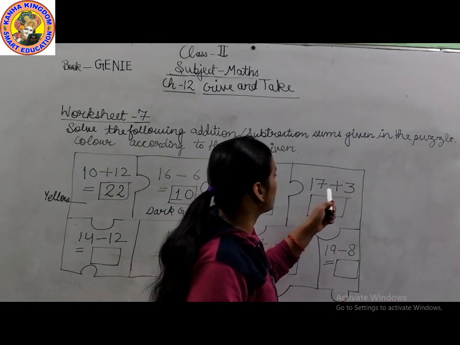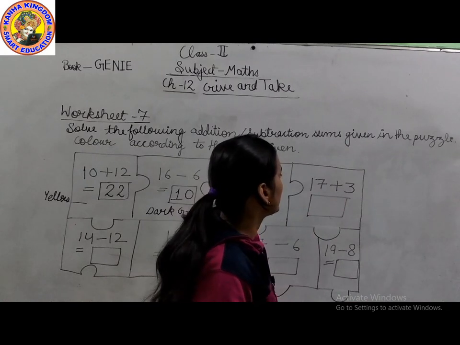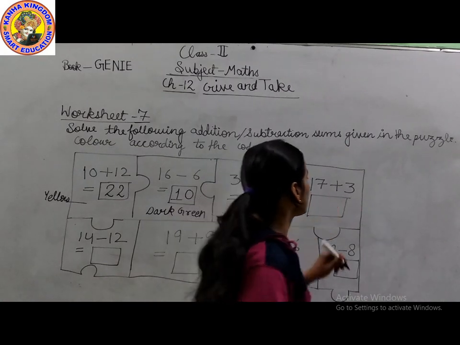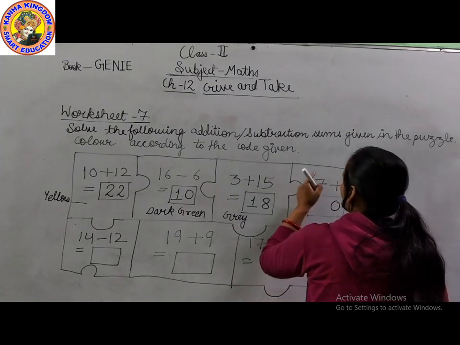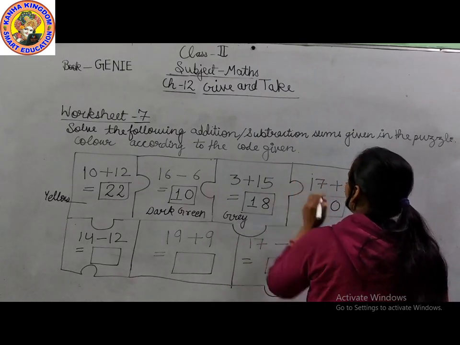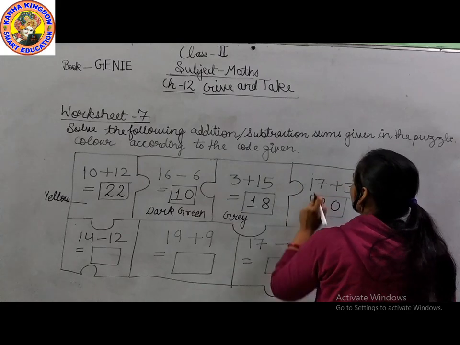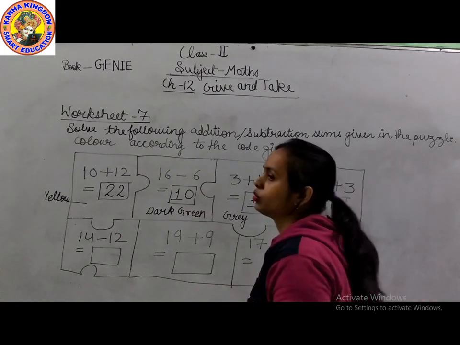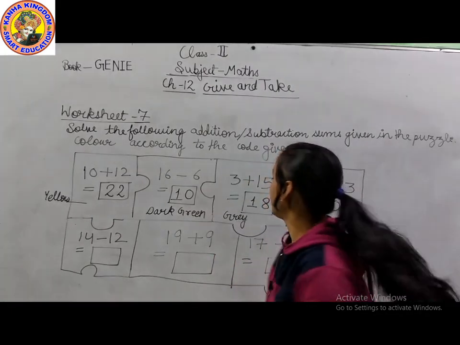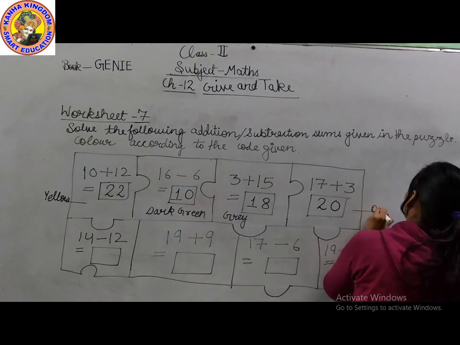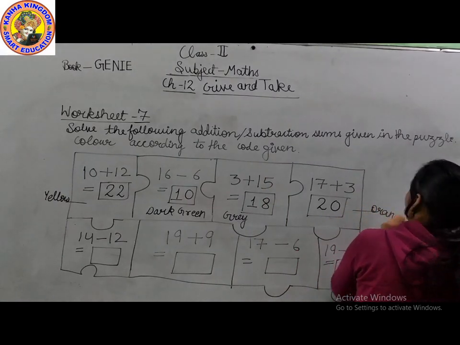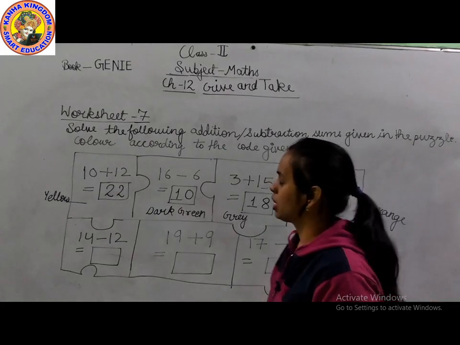Now next is 17 plus 3. So 3 plus 7, 10. Carry forward 1 plus 1, 2. So 20 color code is orange. So fill orange color in this puzzle.